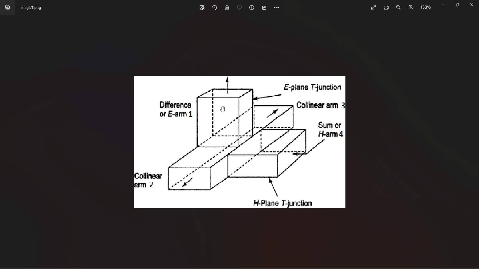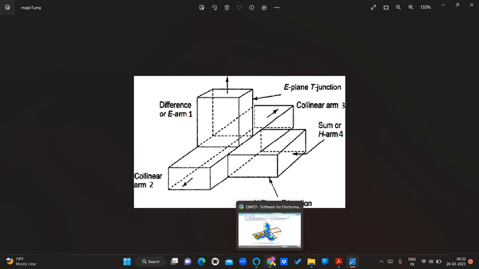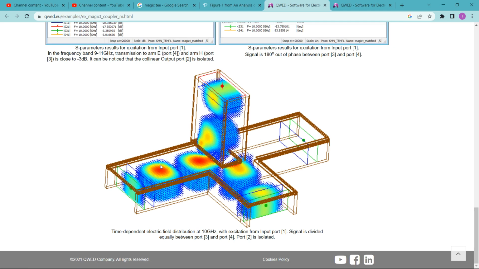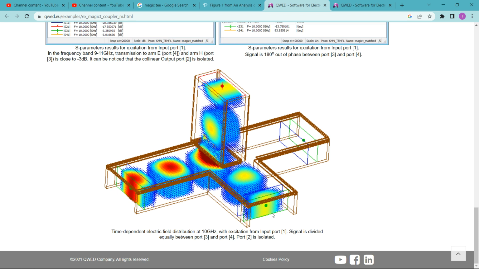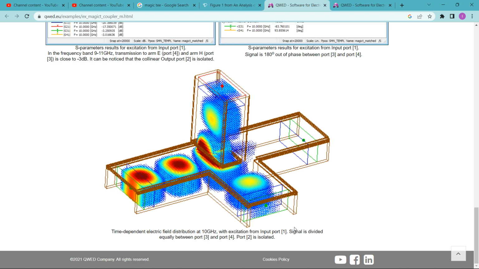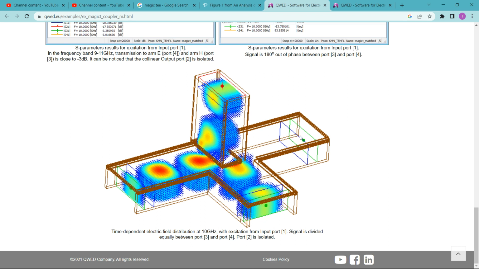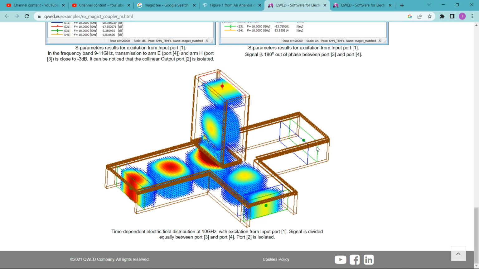Based on this only we have the S matrix, that is the scattering matrix. So we will see one animation for this. See here. If you give input over one of the side arms, no output will be at the other side arm.